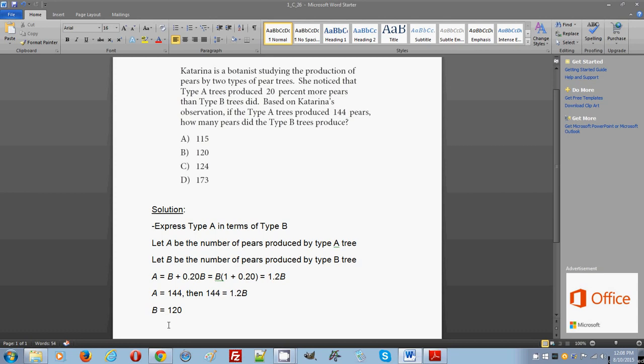Of course, you're going to use a calculator, but if you forget that you can use a calculator, you can simply multiply both sides by 10 and divide 1,440 by 12. Right? So divide 1,440 by 12, and you will get B is equal to 120. Okay, so the correct answer choice for this problem is B, 120.